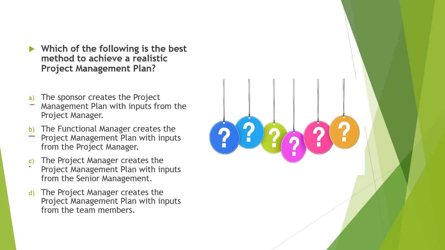C, the project manager creates the plan with inputs from the senior management. Or D, the project manager creates the plan with inputs from the team members. So I think it was a simple one. The project manager creates the project management plan with inputs from the team members.